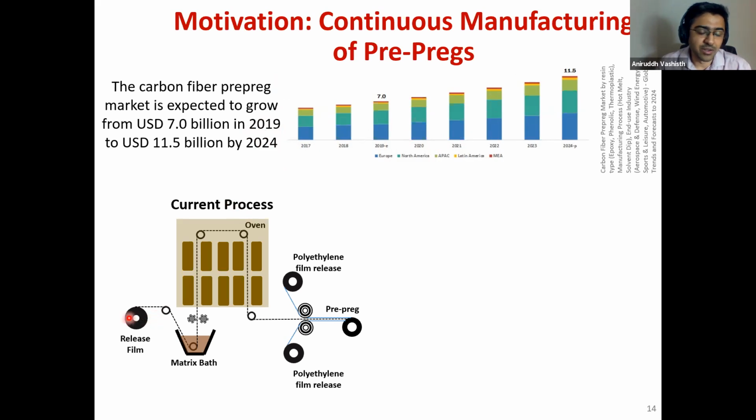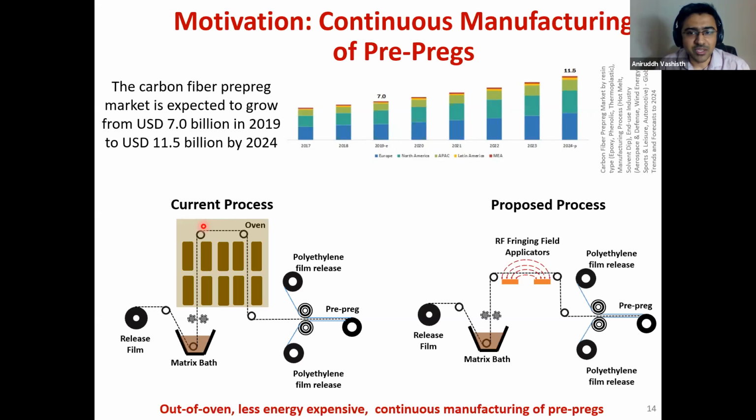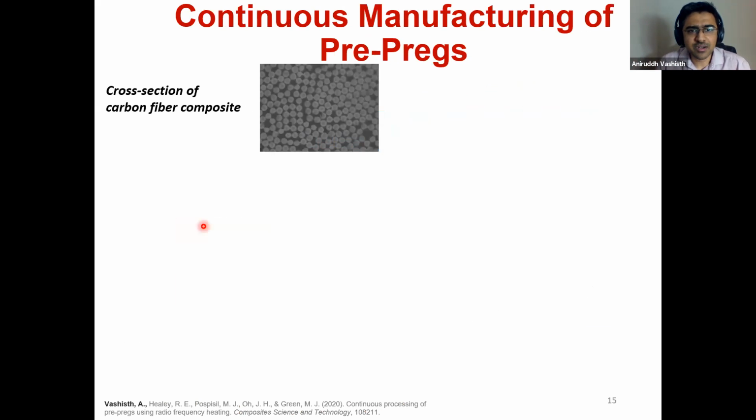You have your carbon fibers, they go through a matrix and are heated in large ovens, and to heat such big ovens you need a lot of energy. Our thought was, can we use these RF fringing field applicators to make the process less energy expensive, an out-of-oven, continuous manufacturing process? This is what we wanted to investigate.